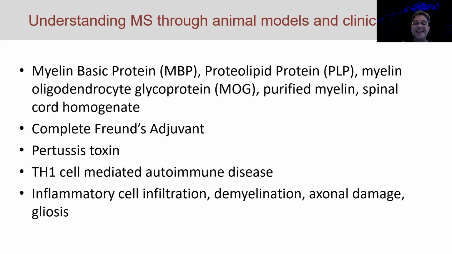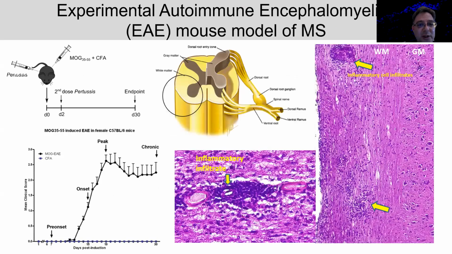And we can delineate the inflammatory cell infiltrate very effectively, define the demyelinating events that occur subsequently once the immune cells enter into the central nervous system, and also the other bystander outcomes of axonal damage and eventual gliotic responses, which formulate the scarring of the lesions that appear on MRI in MS patients. So this is what we classically see in the animal model.